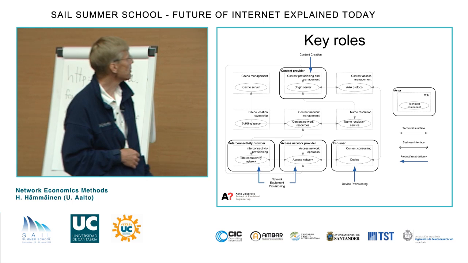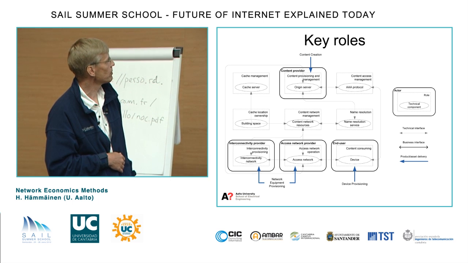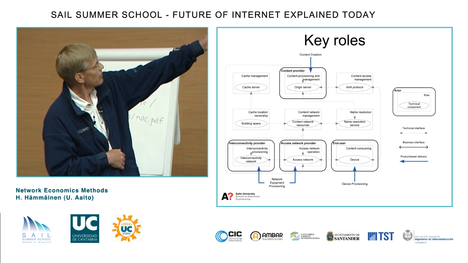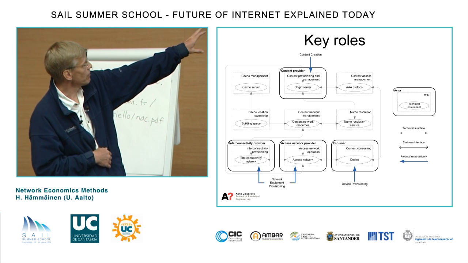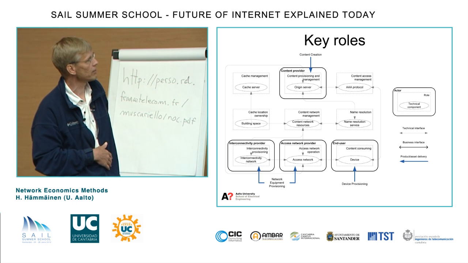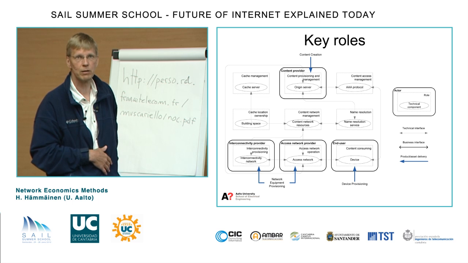And here you can see interconnectivity provider, access network provider, end user in the lower row. And there you can see the actors. There's also content provider. They are the existing actors that we know quite well.